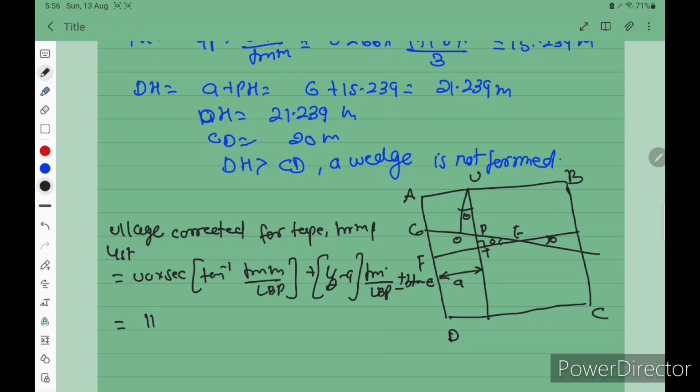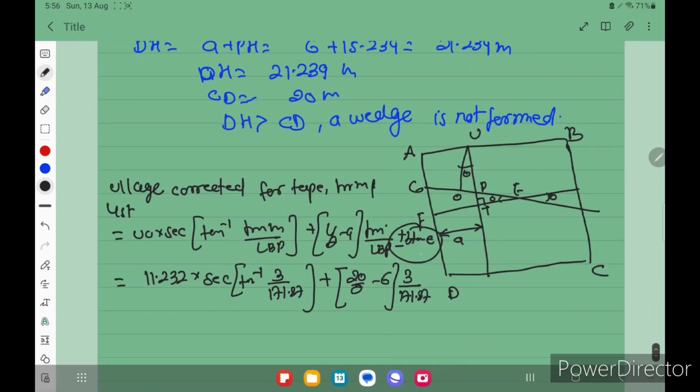So it is equal to 11.232 into sec tan inverse 3 divided by 171.87, plus 20 divided by 2 minus 6, 3 divided by 171.87. We don't have the list, so we have to remove this list formula.